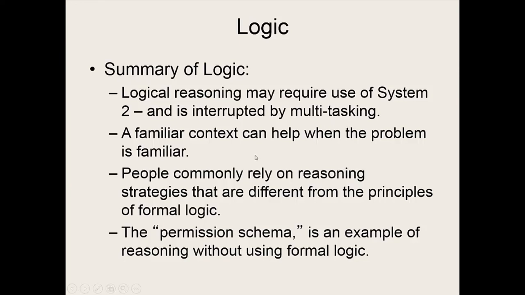We also saw that familiar context can help when the problem is familiar. People commonly rely on reasoning strategies that are different perhaps from the principles of formal logic. So we use strategies because they've helped us in the past, or we have some familiarity with that context. And a permission schema is an example of reasoning without using formal logic. We're using a different approach that relies on our experience with providing permission.